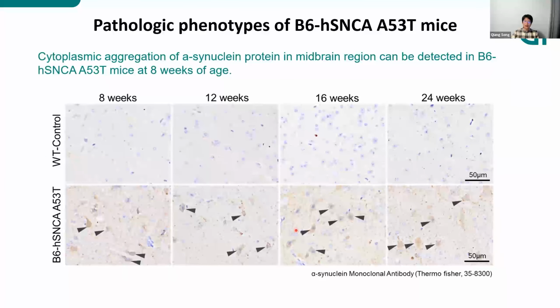We also checked alpha-synuclein protein expression in the midbrain, and the data show that cytoplasmic aggregation of alpha-synuclein protein in the SNCA A53T mouse starts at 8 weeks old.